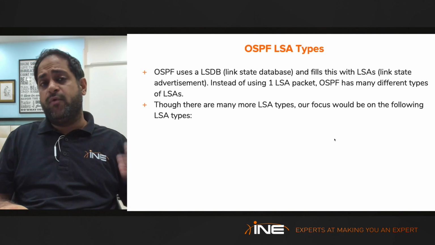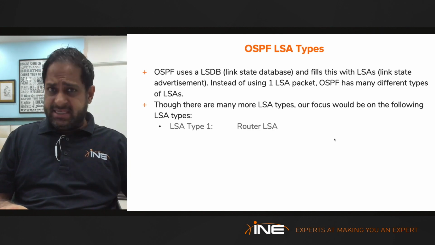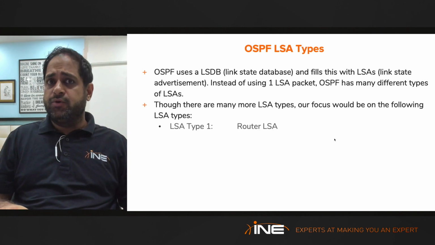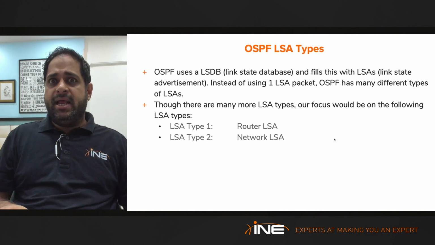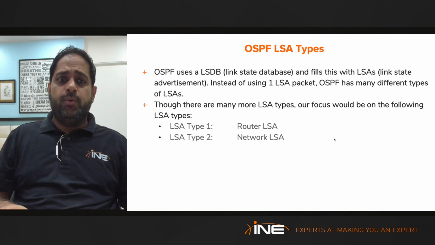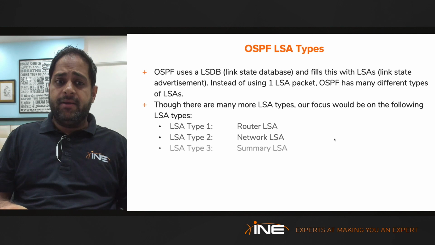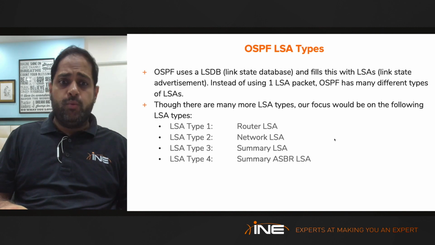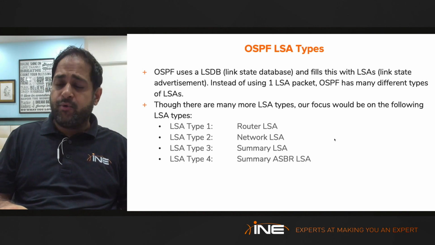So what we would focus on is going to be LSA1, which is called the router LSA. We would look at LSA2, which is type 2, which is called the network LSA. And then we would look at LSA3, which is called the summary LSA. We would focus on LSA4, which is the ASBR summary LSA.